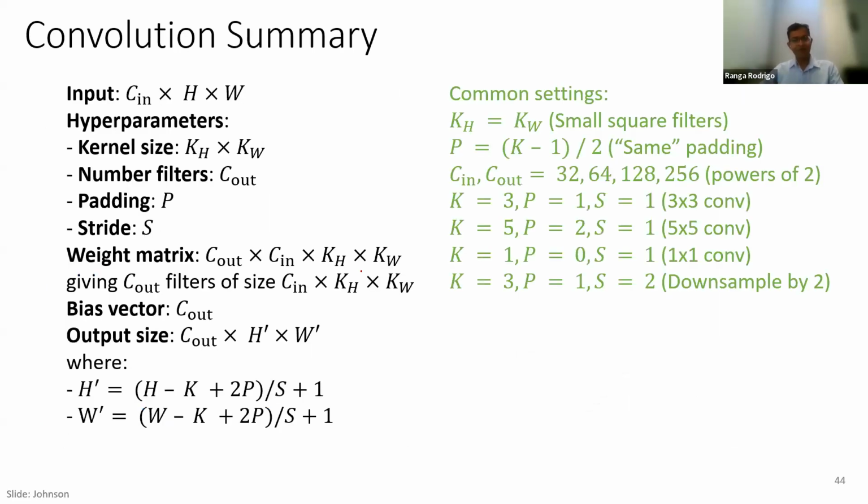Now we are getting back to the convolution. So if we briefly summarize, you have something like an input tensor that looks like a box, you can consider.